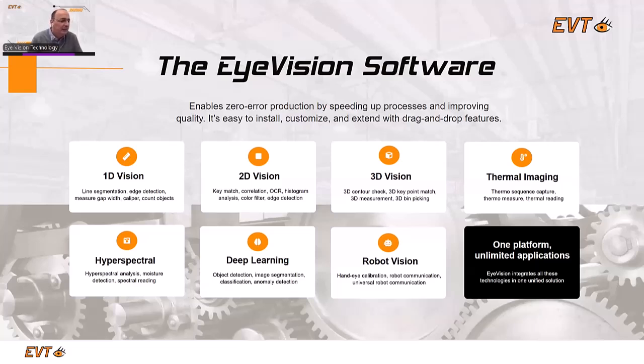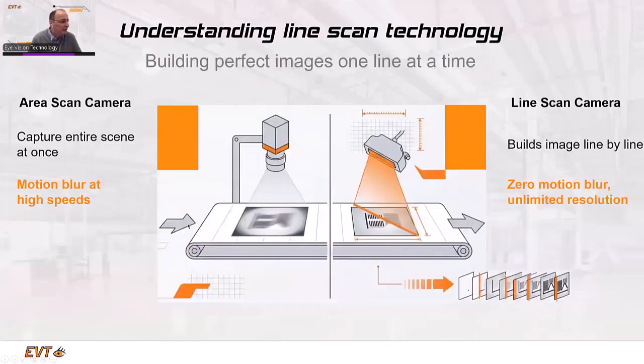So it's really easy also to make robot vision with a line scan camera, especially if you have a production belt and the product is running on the belt. You can, of course, either use a 1D or a 2D camera, especially for robot vision, but for some kinds of applications, line scan cameras are the better solution than the area scan cameras.